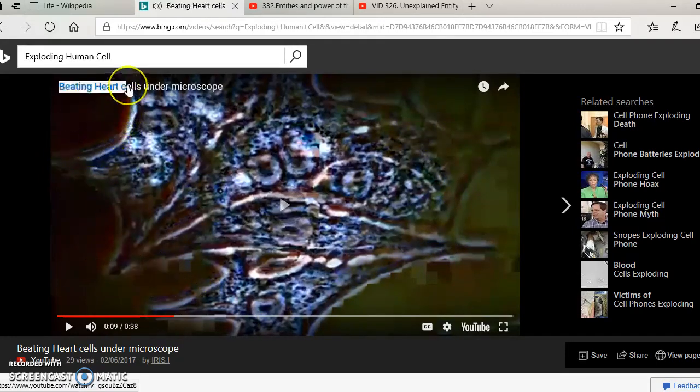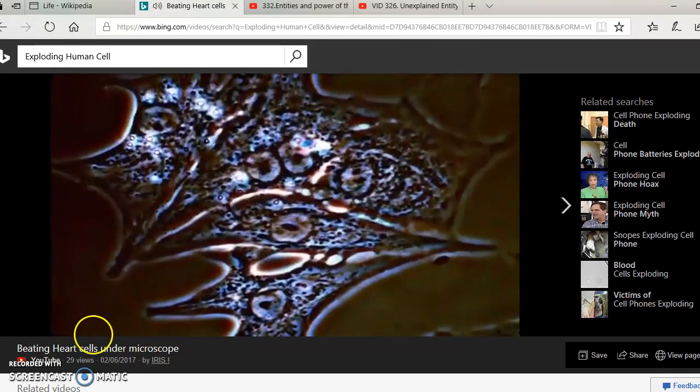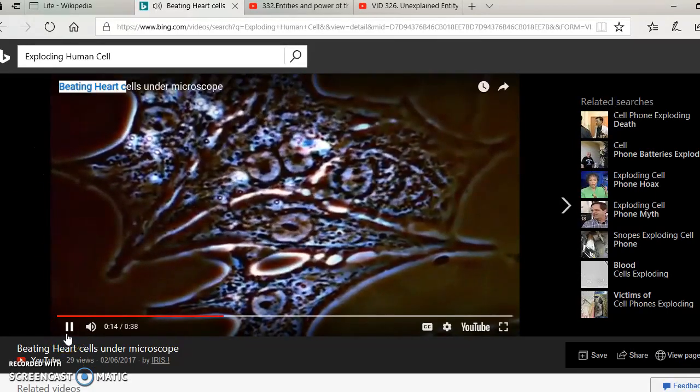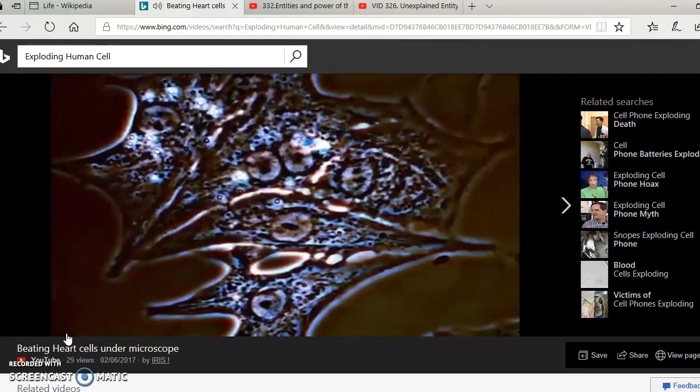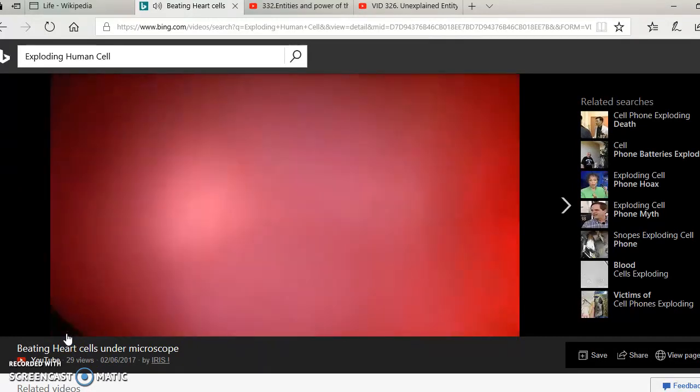And this is a living cell. Listen to it now. They are heart cells, and several million of them working at once is a heartbeat. Right. So that is one cell, and it takes millions of them to make a heartbeat.